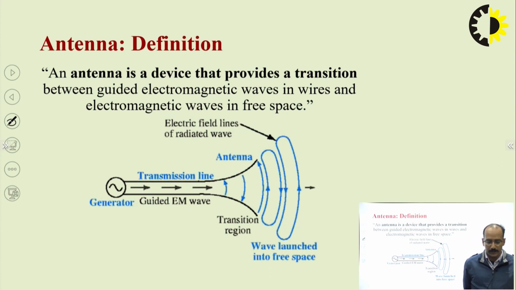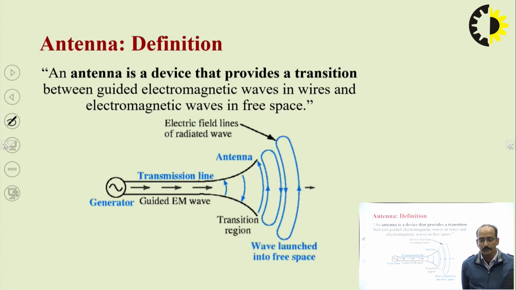So before going towards the types of antenna, I want to give you some basic description of what an antenna is. The basic definition: an antenna is a device that provides a transition between guided electromagnetic waves in wires and electromagnetic waves in free space.